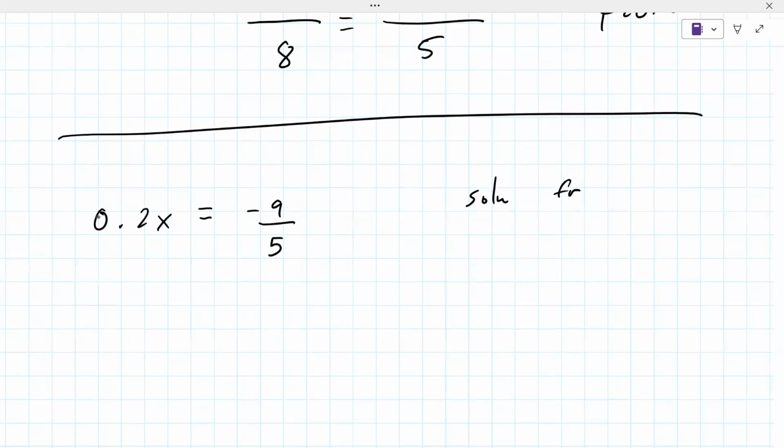And the idea here is that you probably want to convert the decimal to a fraction.